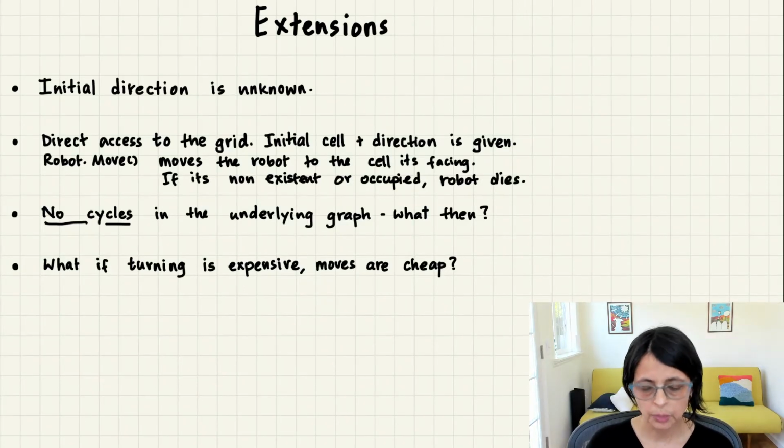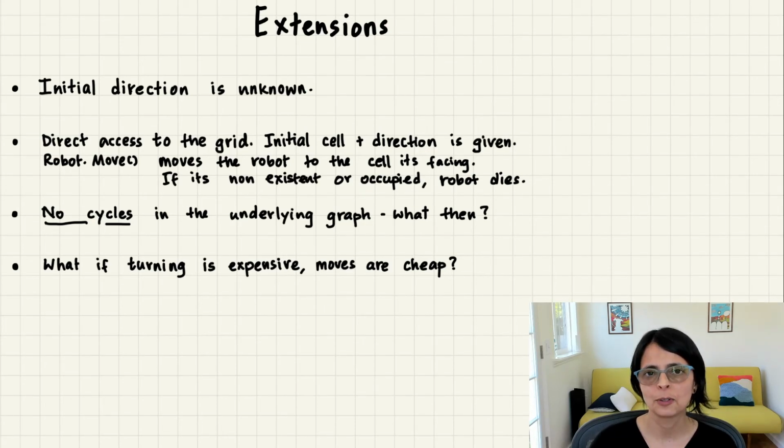Okay, third extension. Back to the initial problem, the one we solved today. No cycles in the underlying graph. What then? Now that's a fun one, because all of a sudden, theoretically speaking, we do not need visited. Right?